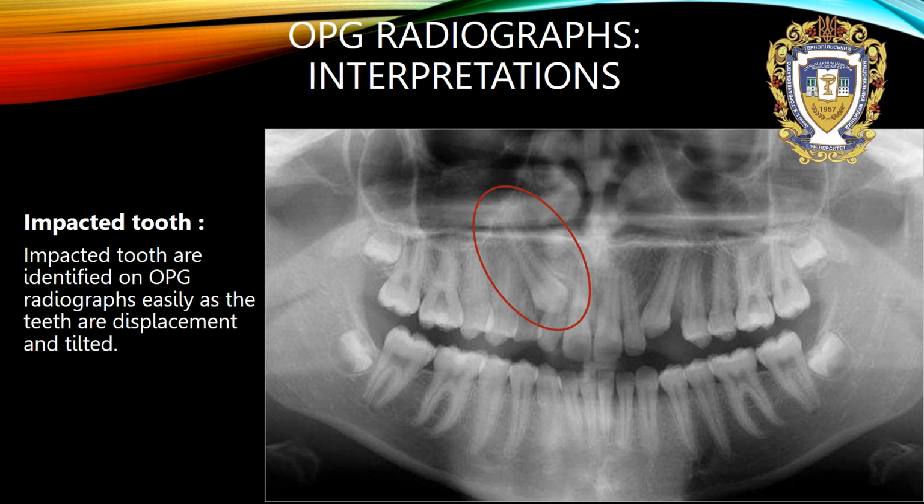The symmetrical tooth is not impacted. This tooth is erupted. Instead, it has a wrong position, but it is erupted. But tooth number 1-3 is not erupted. It means that it is impacted.